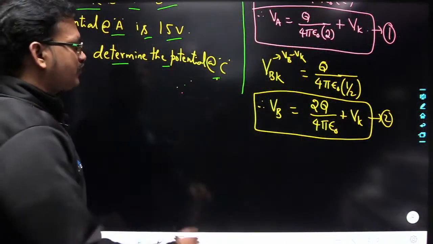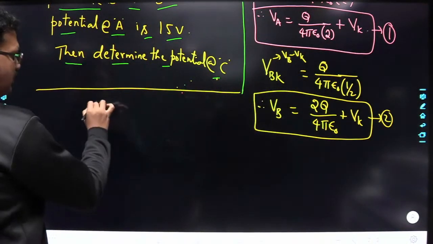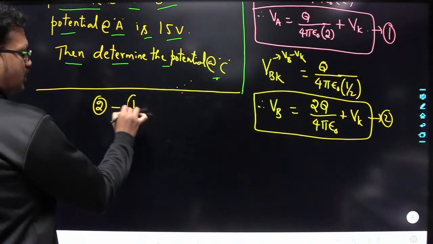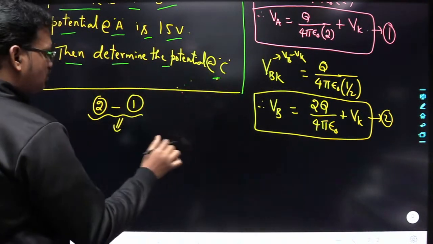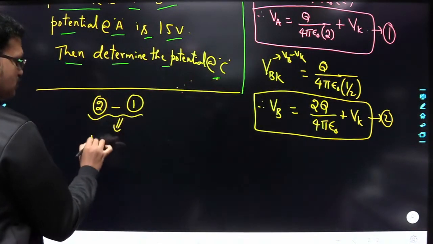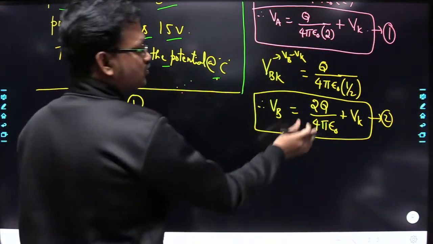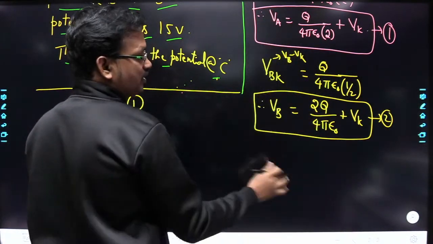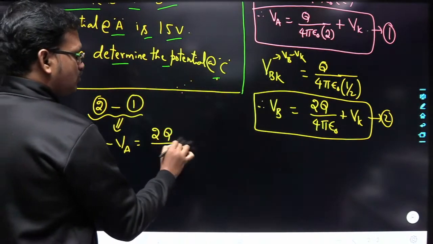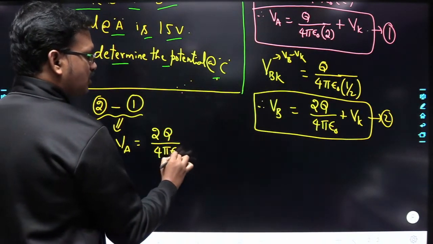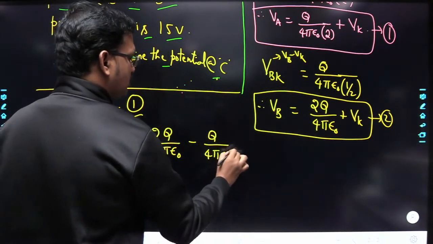Okay. Now from here, what I am doing is equation 2 minus equation 1. So what are you going to get here? VB minus VA is equal to, whenever you are subtracting VA from VB, this Vk will get cancelled. So what is left out is 2Q by 4 pi epsilon naught minus Q by 4 pi epsilon naught into 2.